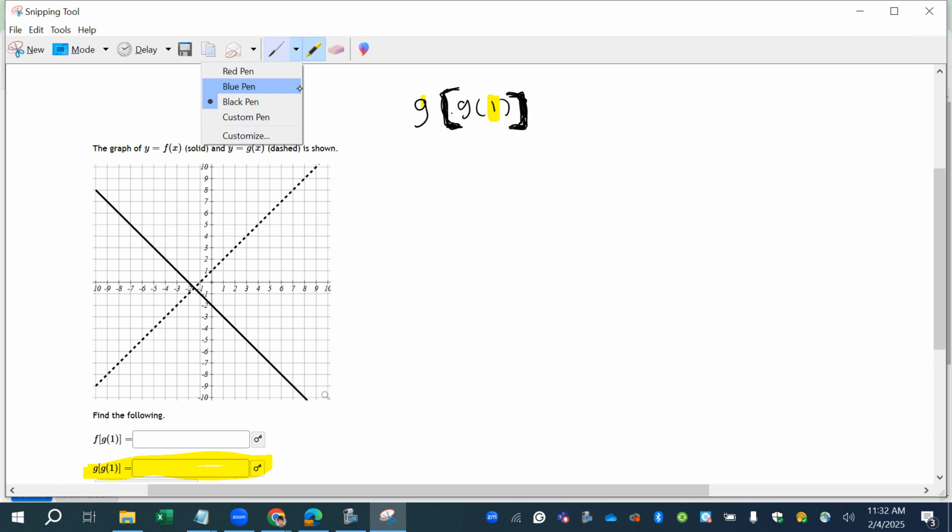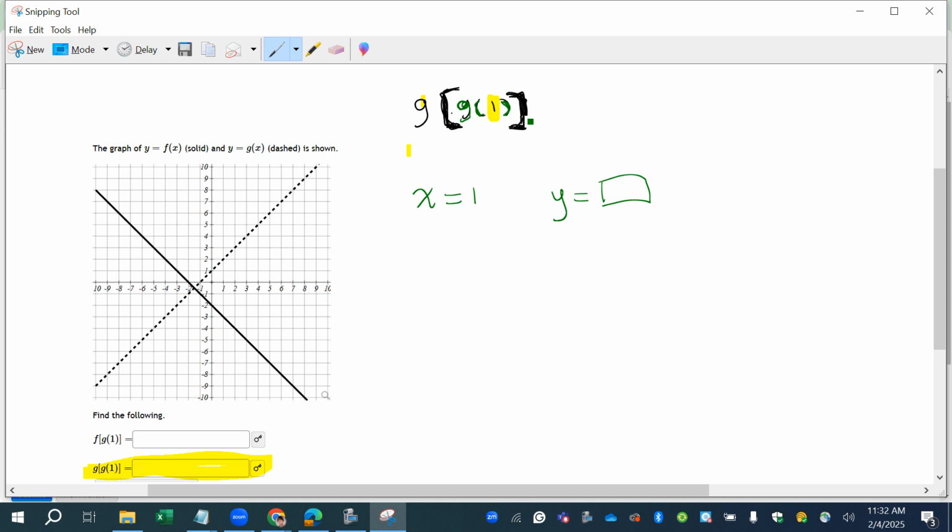So I'm going to write in green for x equals 1, what is the y value? Okay, because that's what the g around the number 1 means.